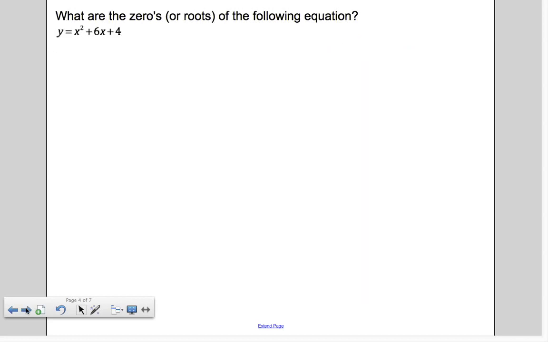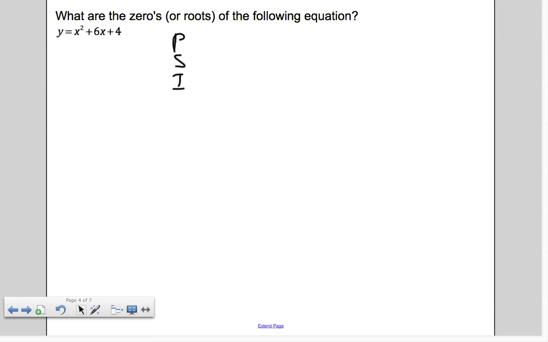Another question. What are the zeros or roots of the following equation? Full of questions today. y is equal to x squared plus 6x plus 4. For the factoring fans out there, I will appease you.